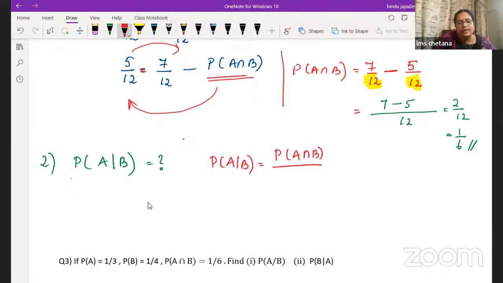Divided by probability of B will come. Okay. Now just substitute it. What is probability of A given B? 1 upon 6 divided by, okay. Now probability of B, that is 1 upon 4.